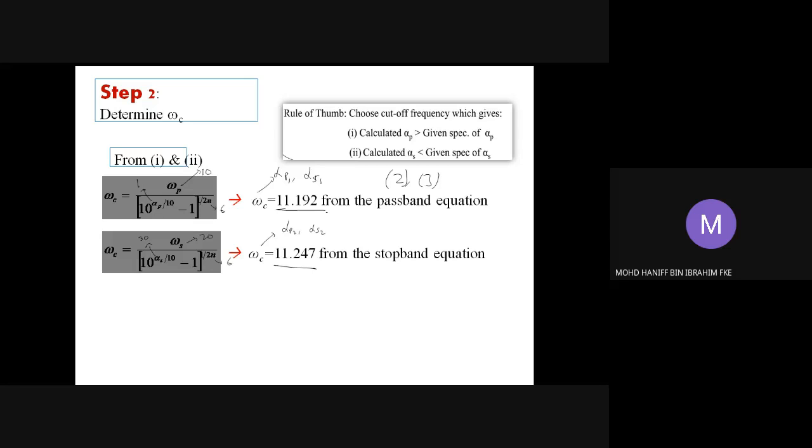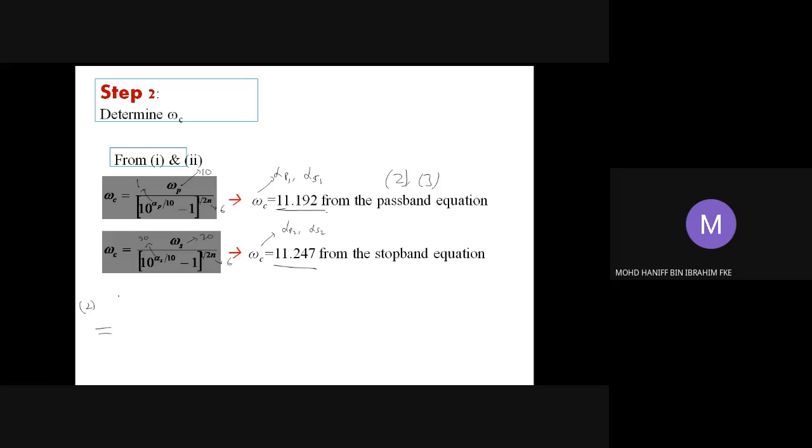Once you have these omega C's, when you have omega C of 11.192, you are supposed to get the alpha P. You can calculate this on your own. The first alpha P is calculated from 11.192. I believe this is based on equation number 2, if I can recall back from your table.